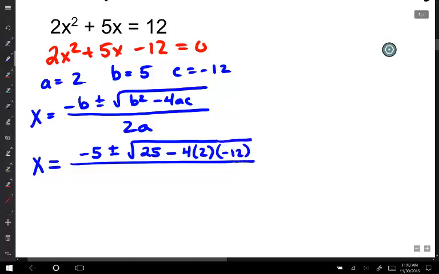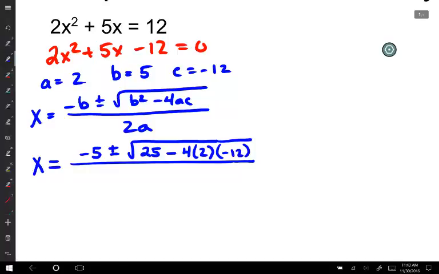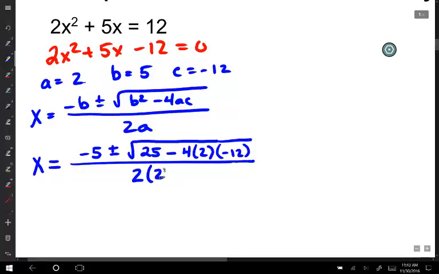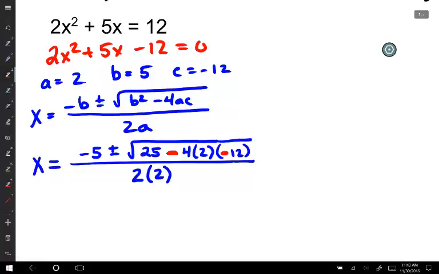So the first part is I put them all in using parentheses. Next, it's all over 2A. So 2 times 2. Now I want to highlight something here in red. That minus and that minus. We're going to come back to those in just a little bit, but those two minuses together are going to be a key factor in our problem.